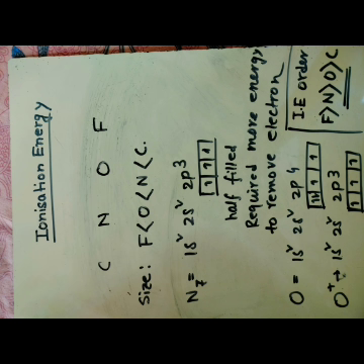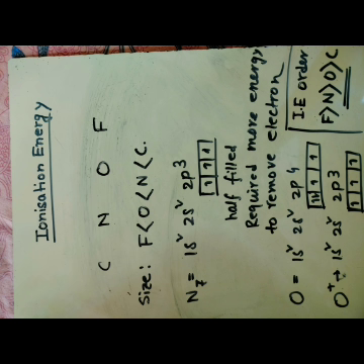The electronic configuration of oxygen is 1s2, 2s2 and 2p4. If oxygen removes an electron, it transforms into 1s2, 2s2, 2p3. It is a very stable electronic configuration. Therefore, it requires less energy than the nitrogen atom to remove an electron.